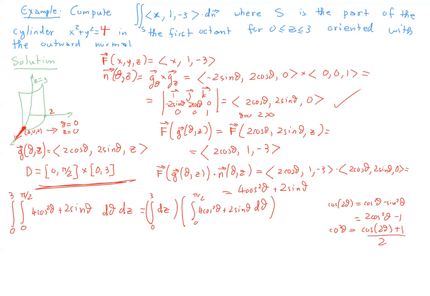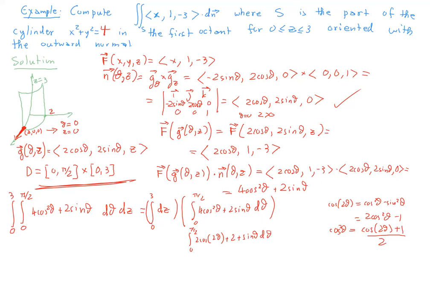And this will mean that 4 cosine square of theta will be simply 2 cosine of 2 theta plus 2, so this will be simply the integral from 0 to pi over 2 of 2 cosine of 2 theta plus 2 sine theta d theta.